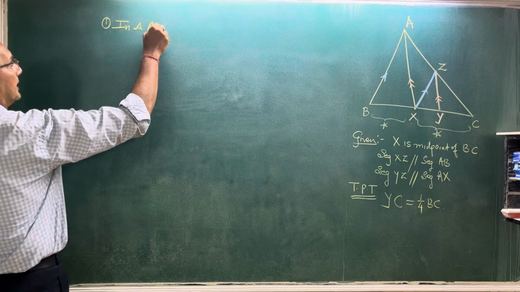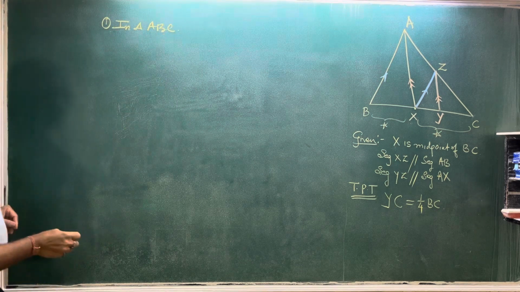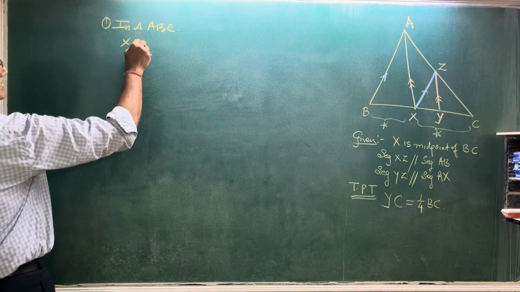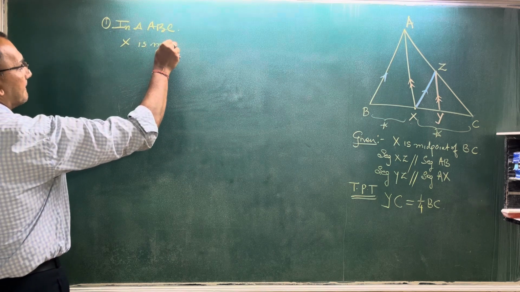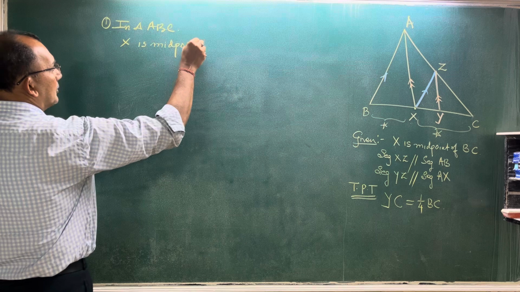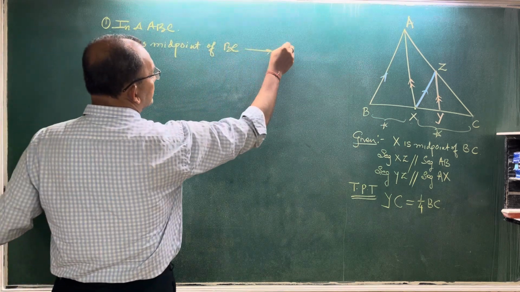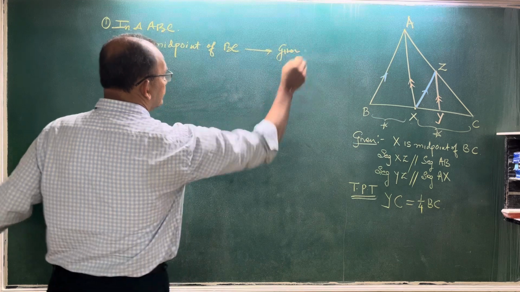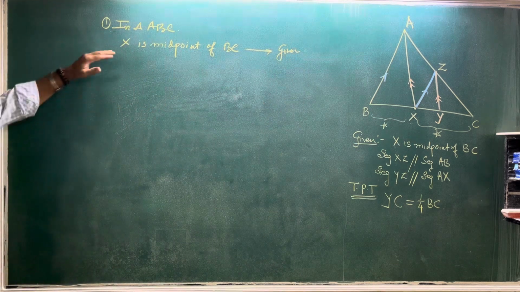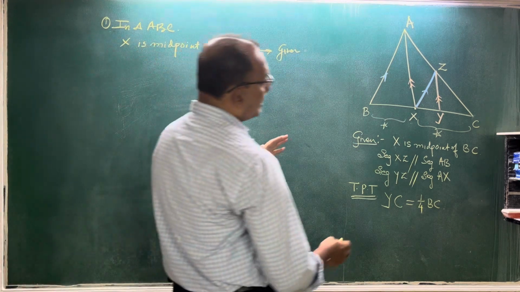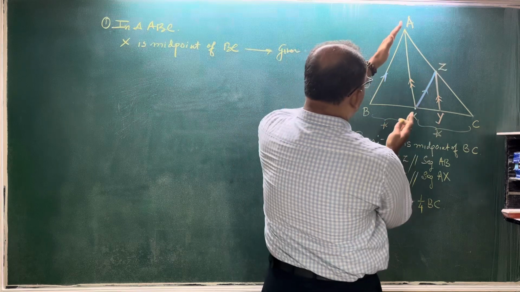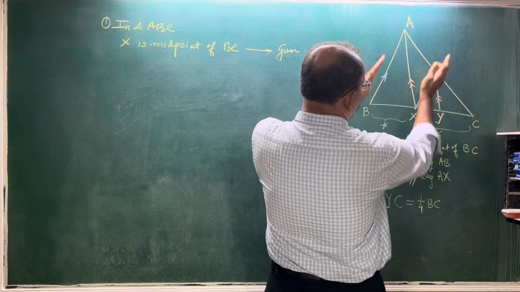In triangle ABC, X is midpoint of BC. This is given. Okay. Now, I'll take this blue line and AB. They are parallel.